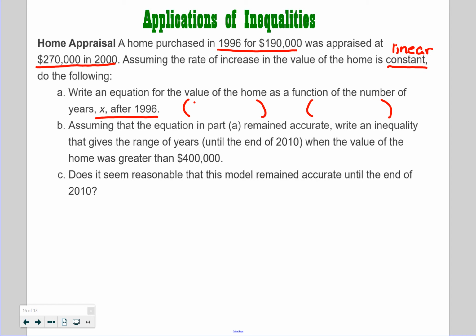In 1996, or year 0, because it's 0 years after 1996, the value of the home was $190,000. In 2000, which is 4 years after, the value of the home is $270,000.